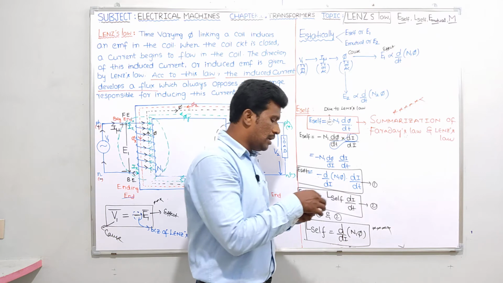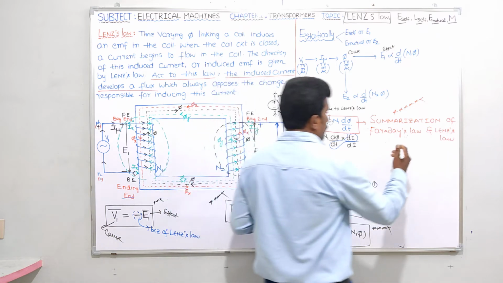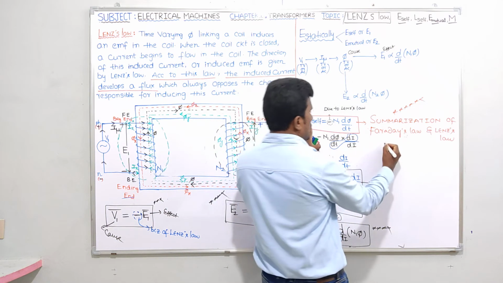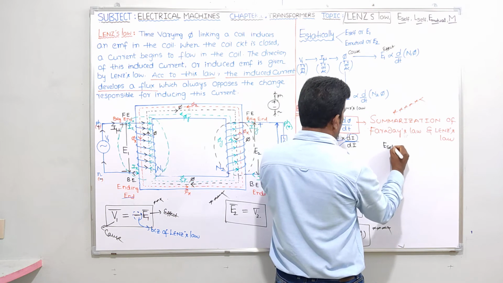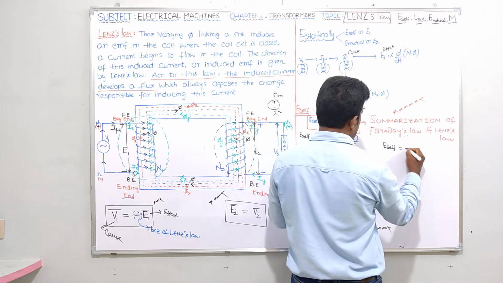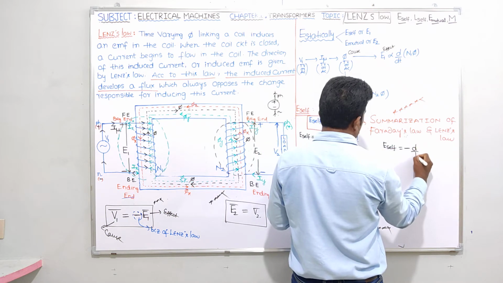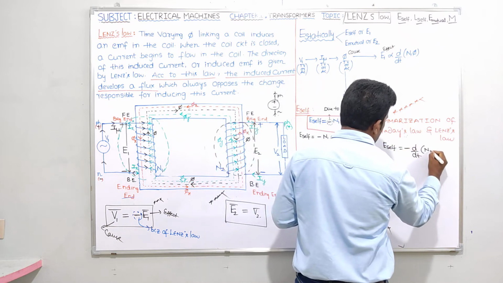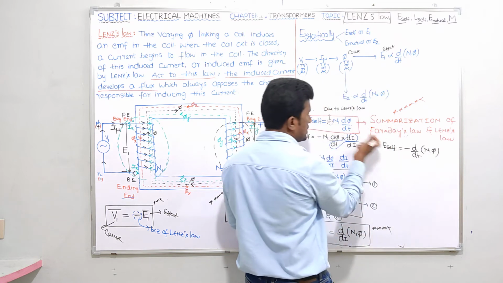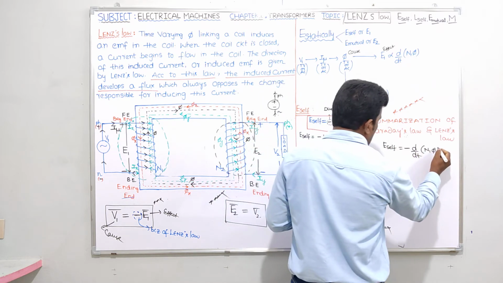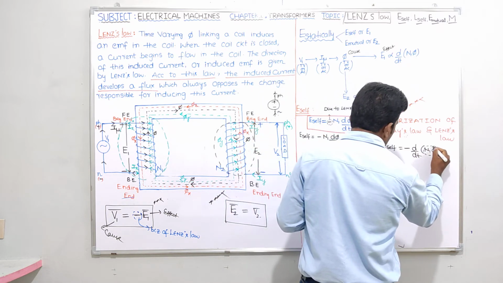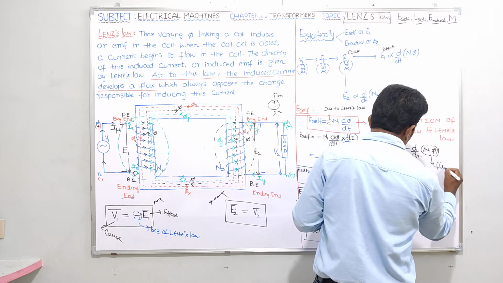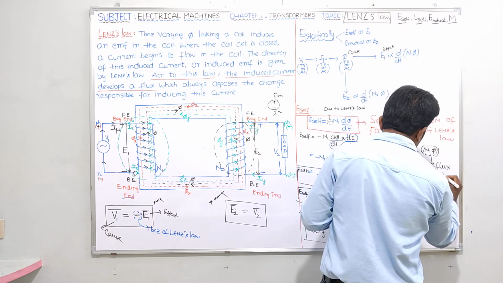Sometimes they may ask like this also. Generally you write the Eself equation like this, no? Eself equals minus d by dt of, if I take n1 inside, n1 into pi. So this is nothing but a summarization of Lenz law and Faraday's law. N pi means what? Flux linkage, that is generally represented with a psi symbol.